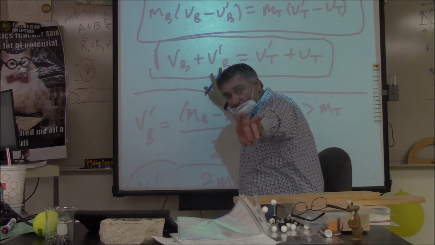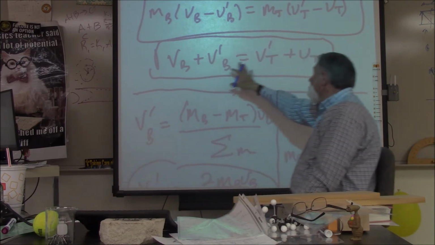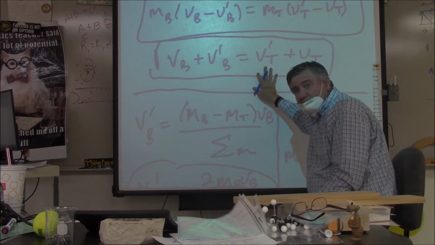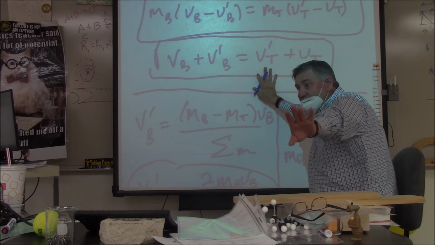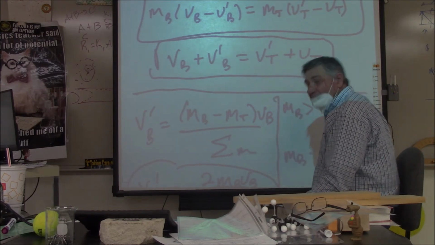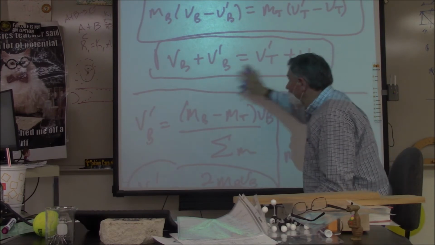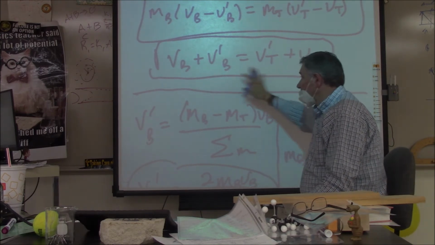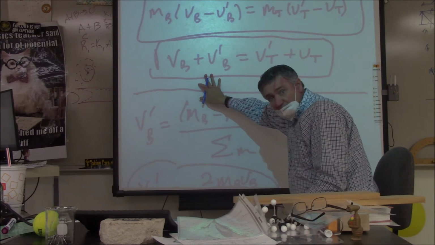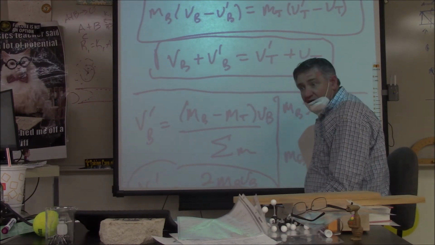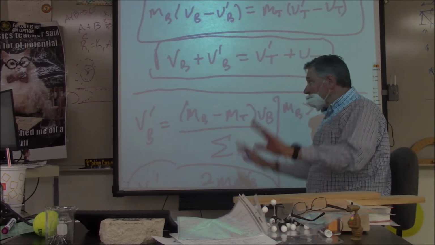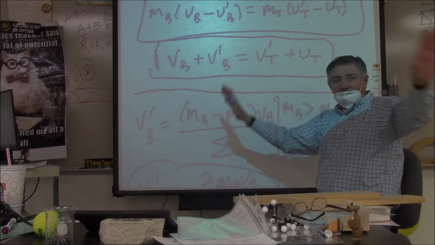The original velocity of the target was 0, so we don't have to worry about that. And then we said the final velocity of the target was 6 meters per second. So far, we're good. These two velocities of the bullet add up to the final velocity of the target. So we got 6, life is good.